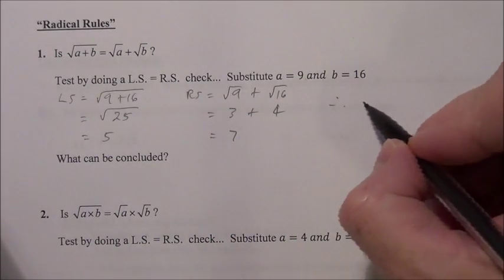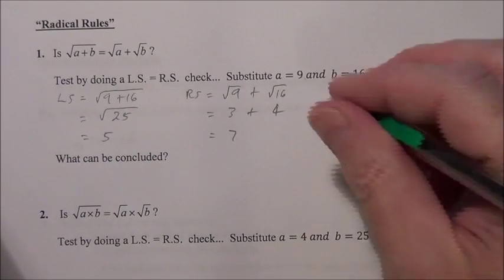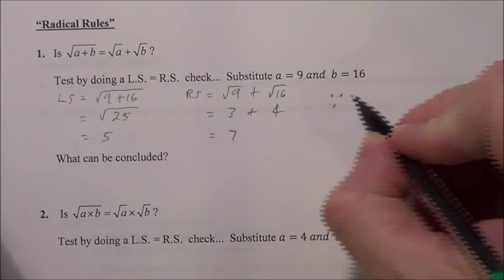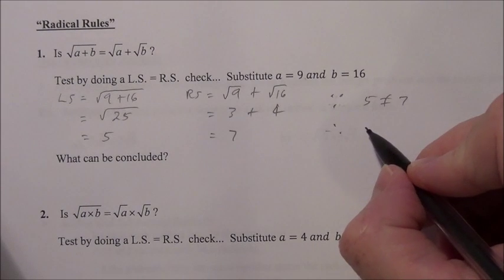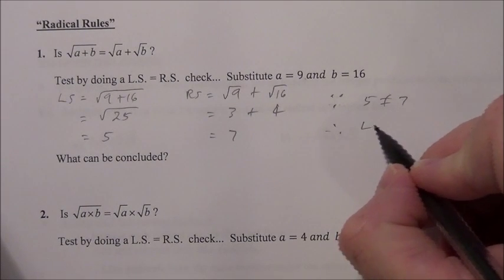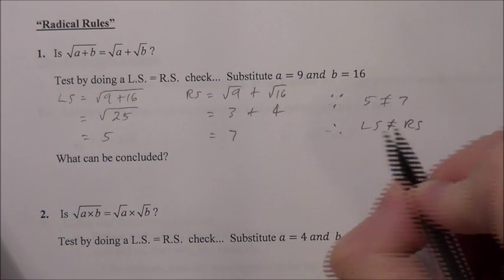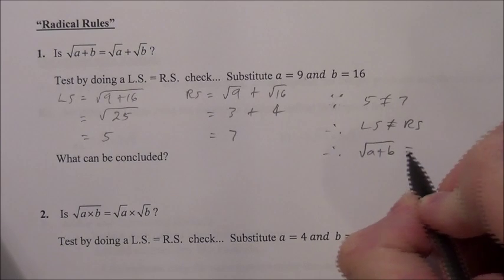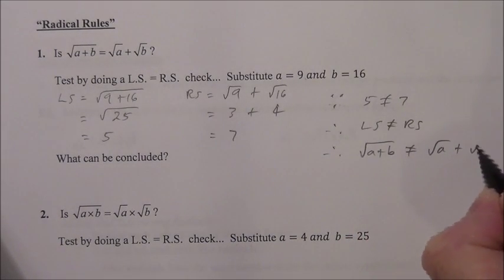So since 5 does not equal 7, the left side does not equal the right side, and therefore the square root of a sum does not equal the sum of square roots.